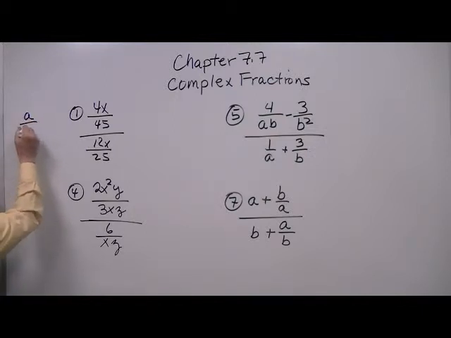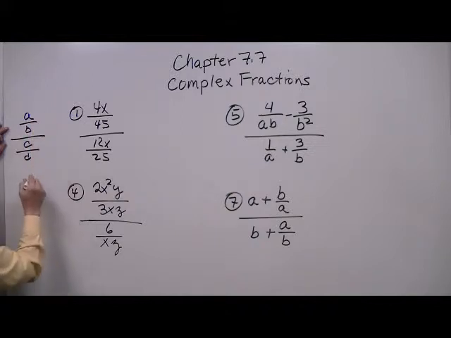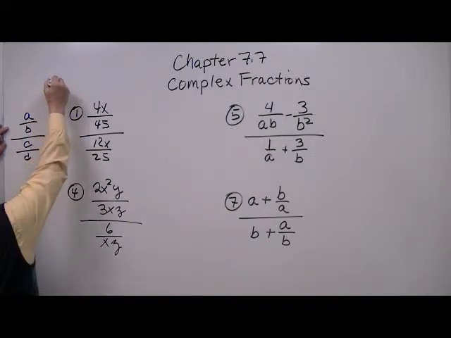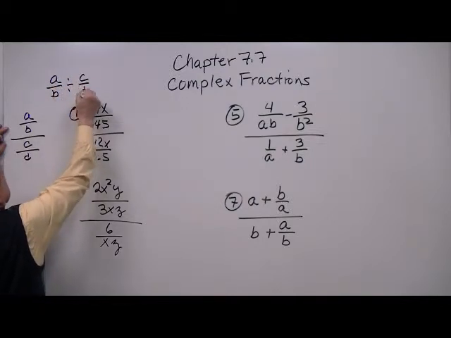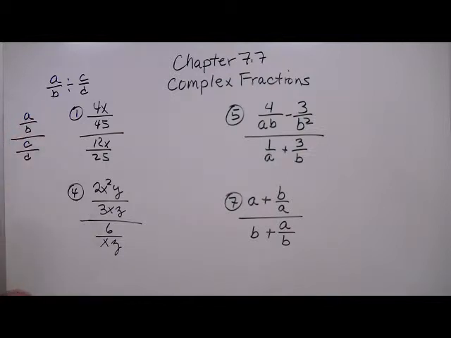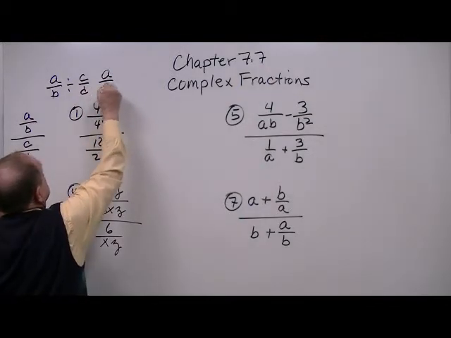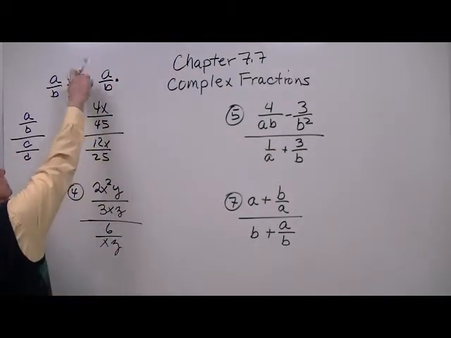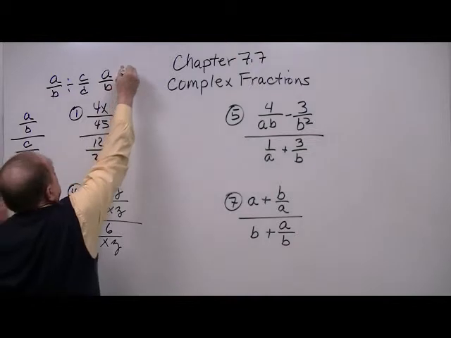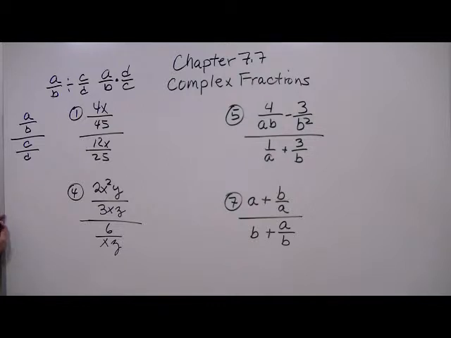It's going to be A over B divided by C over D. And the rule for that is you take the division sign, change it to a multiplication sign, and you take the reciprocal, that is, flip that. And then you can cross-cancel wherever you can, and that's how you do it.